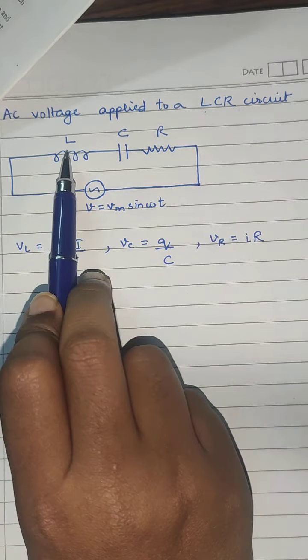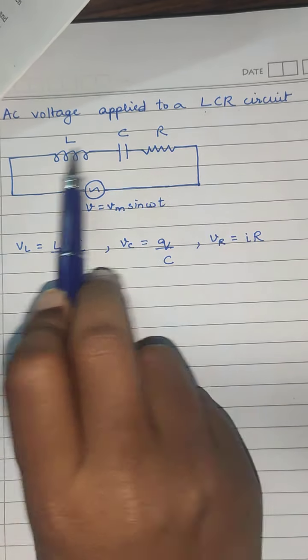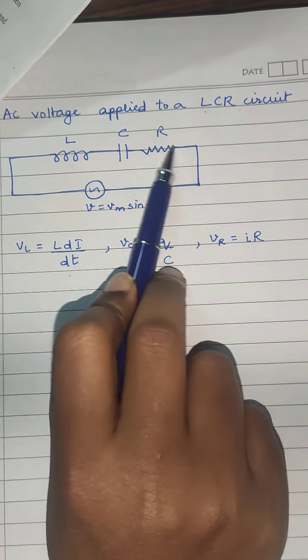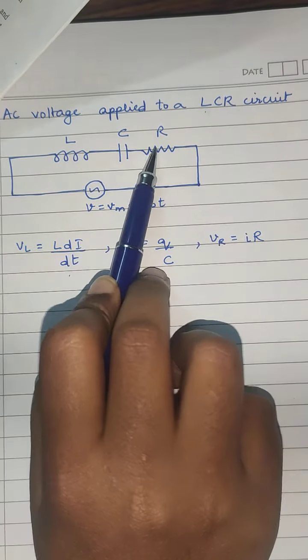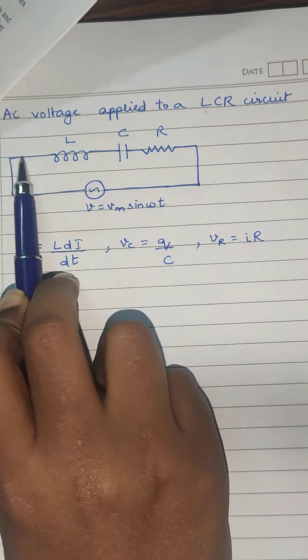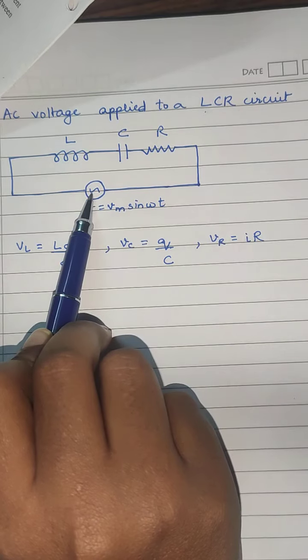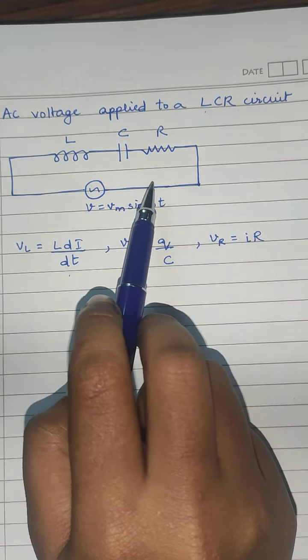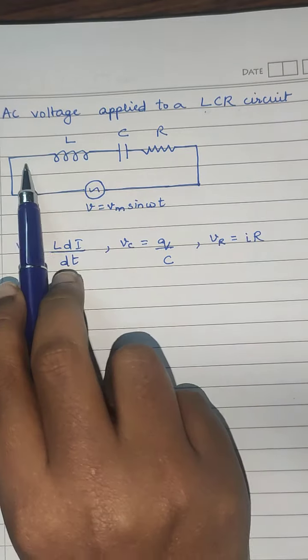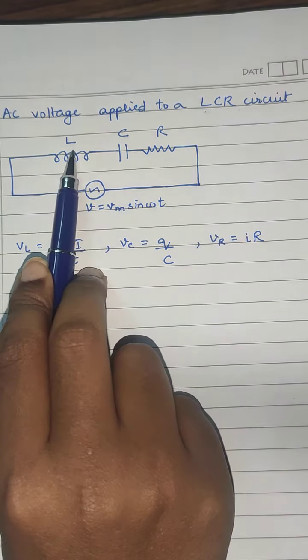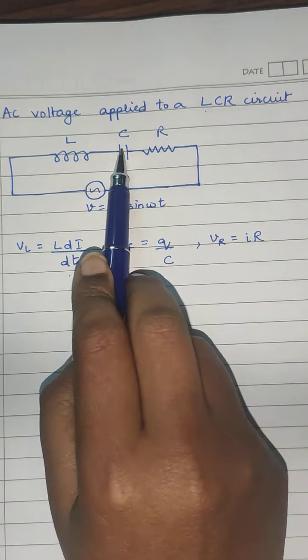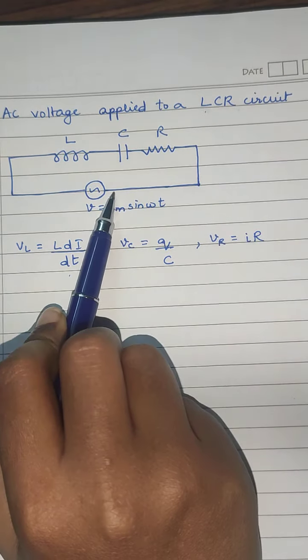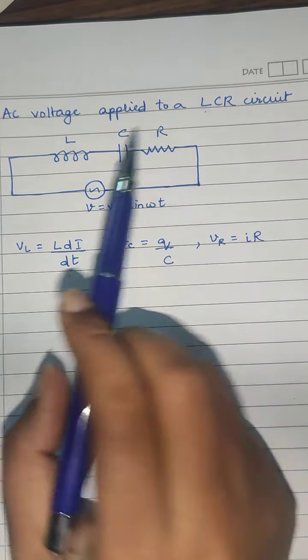Now since the inductor, capacitor and the resistor are in series, the current that is going to pass will be the same throughout. If they were in parallel, there would have been different current passing through different units. But since it is in series, the current passing through the inductor will pass through the capacitor, through the resistor and back to the circuit.